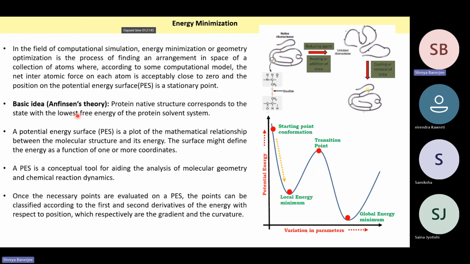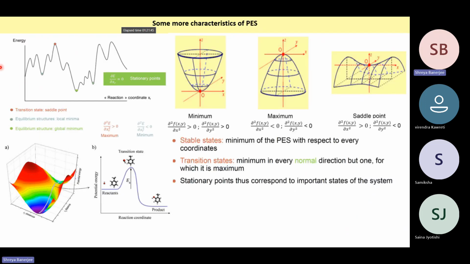That is why the energy is calculated, so that it can find the pathway by which the initial conformation, that is the unfolded state, is coming back to the native state that is folded.